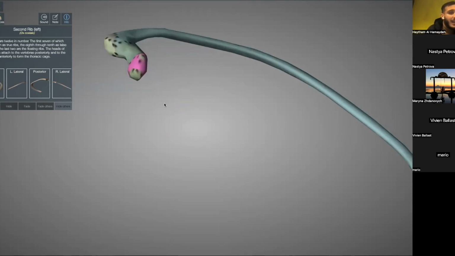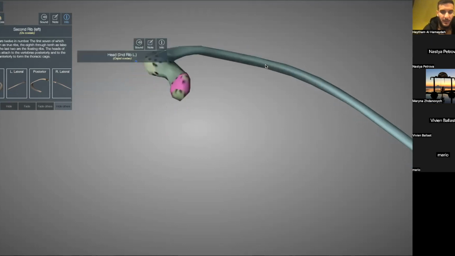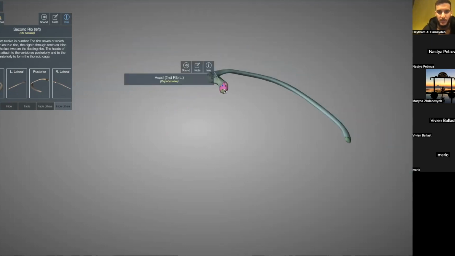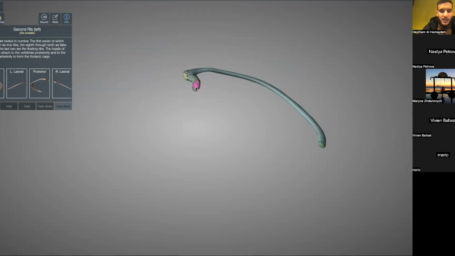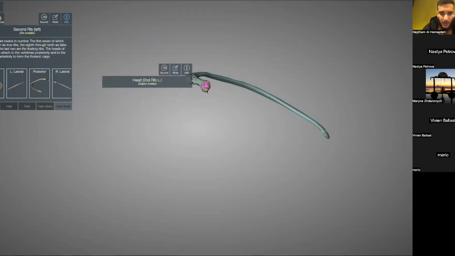Now, we have to know the specifics of the costovertebral joint. The inferior articular surface of the head of rib articulates with the superior facet of the same number of vertebra.